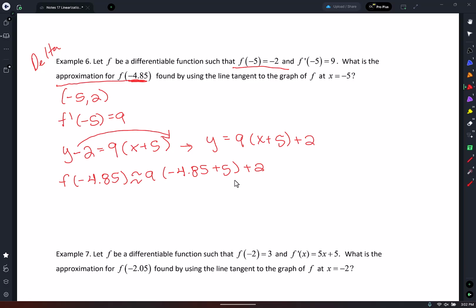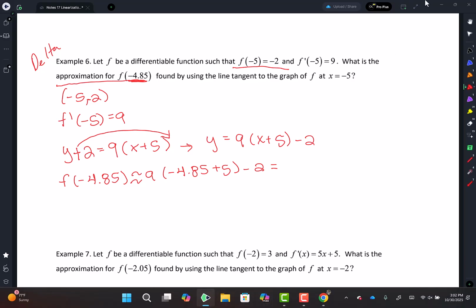The y value should have been negative 2. So it's minus, and whatever that is, that's your answer. Good job.